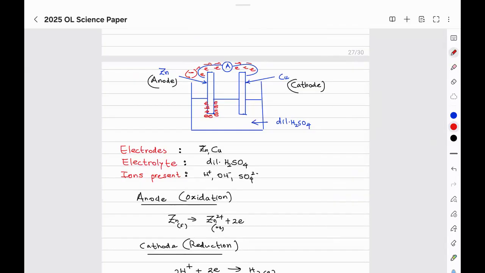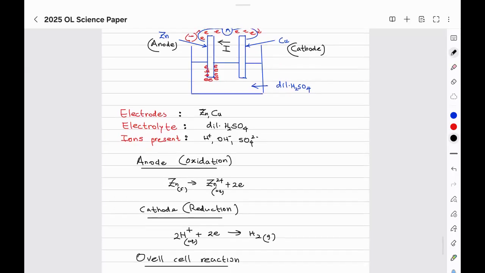Then current is flowing in the opposite direction, from copper to zinc. Is it clear? Then tell me students, when the cell is working, electrons are flowing from which one to which one? Anode to cathode or cathode to anode? Anode to cathode, remember that.